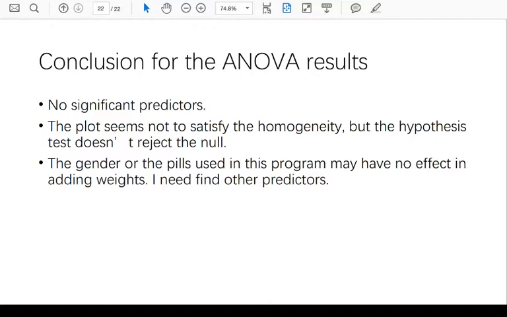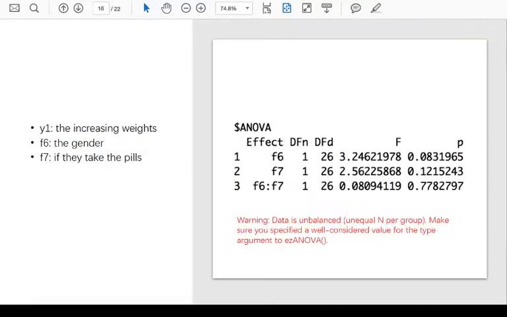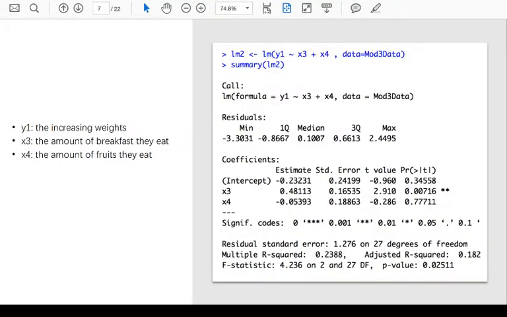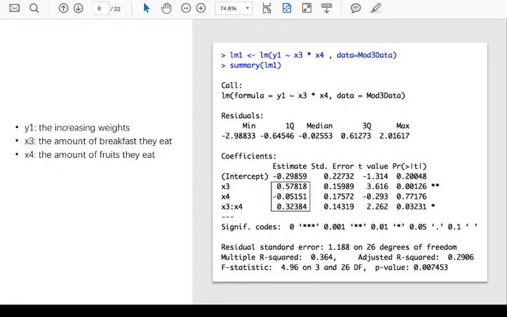And I don't like ANOVA here because it has stricter assumptions, and it doesn't even give us a linear model. We can just know whether they have some effects. But in regression, we have those estimates here, and we can write a formula and draw a line that fits the model.